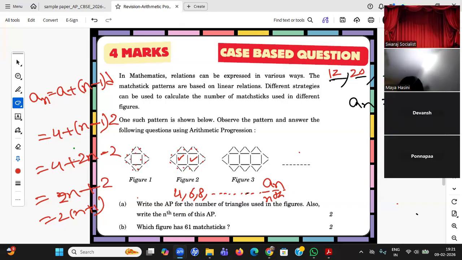What is the sequence for the matchsticks, student? Sir, it's 12, 19, 26. Achha, that is what I'm asking. So you see, I took it as 8, but one thing is common, right? Yes. Okay, 12, 19.